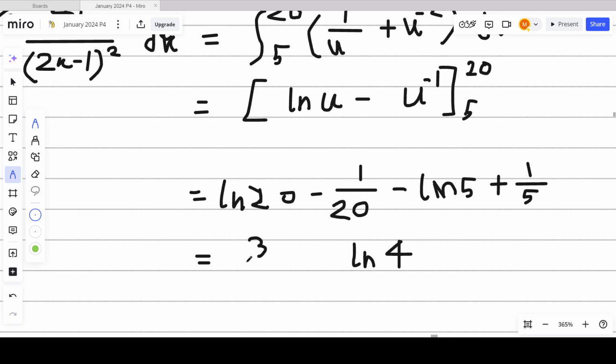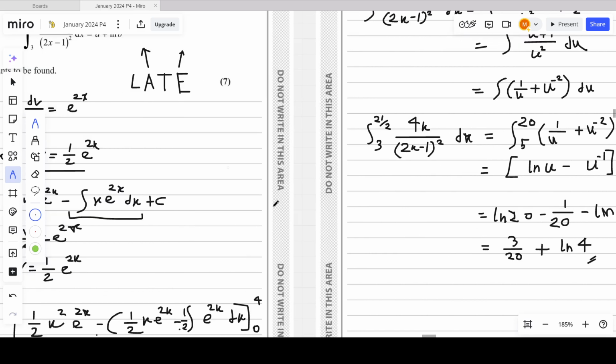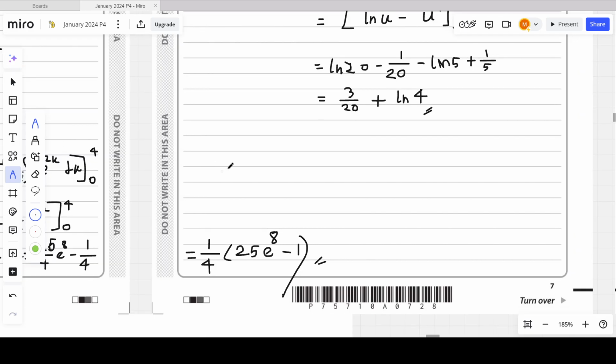This is exactly what they wanted in the question, isn't it? The value for a is what? A is equal to 3 over 20. And the value for b is just 4.